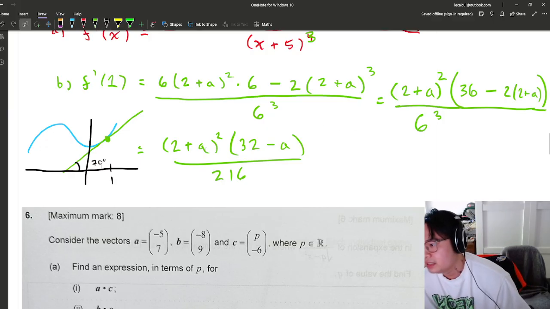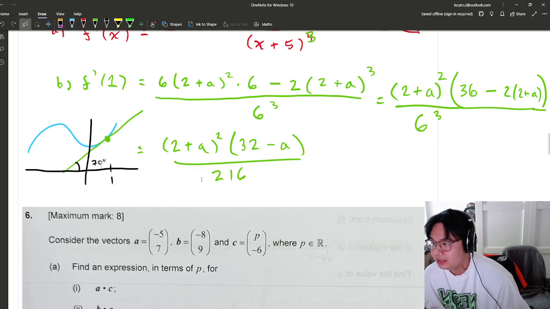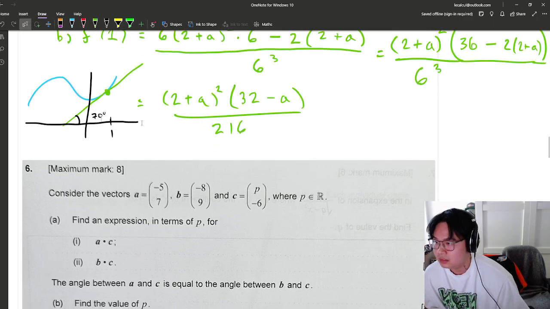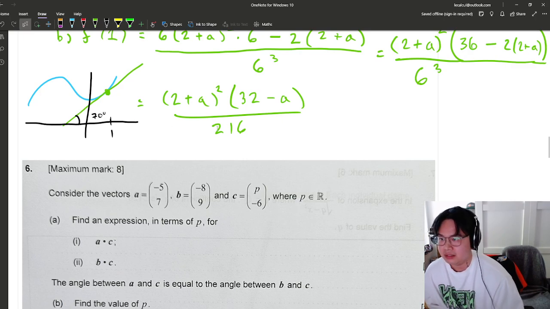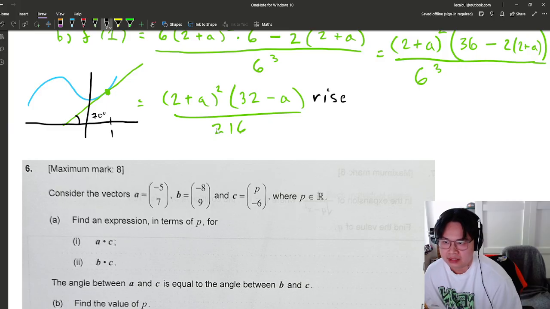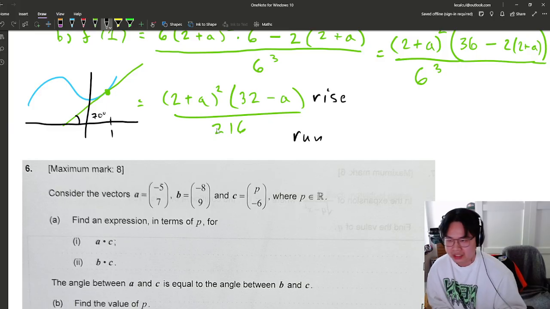You need to be able to connect a gradient with the angle. Essentially, this is your rise, and this is the run of your slope or your gradient.